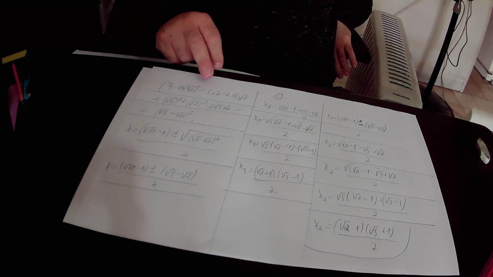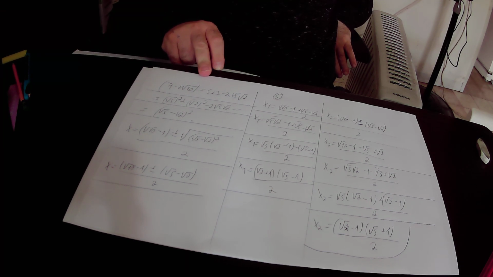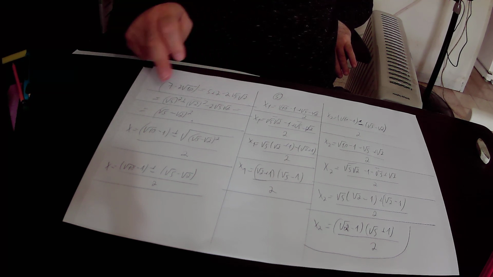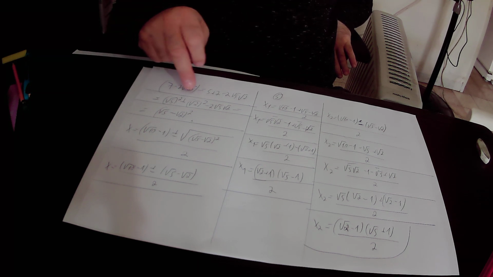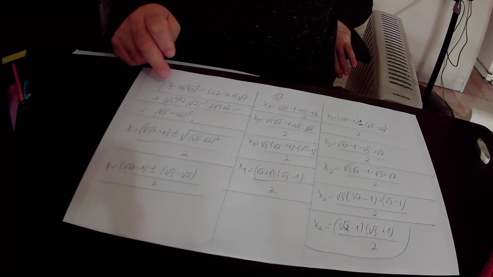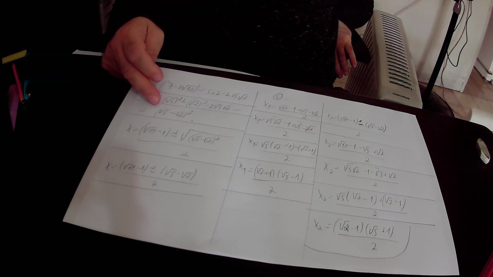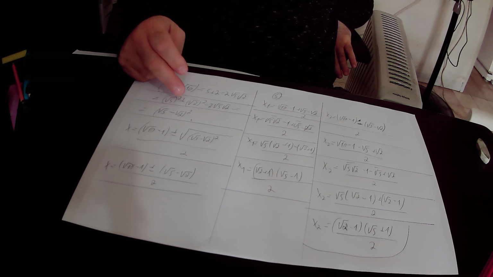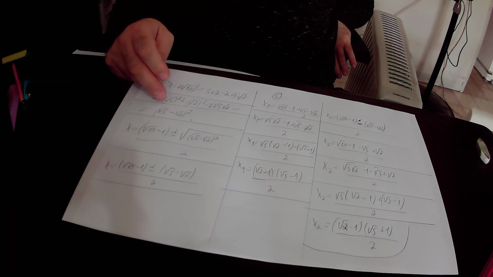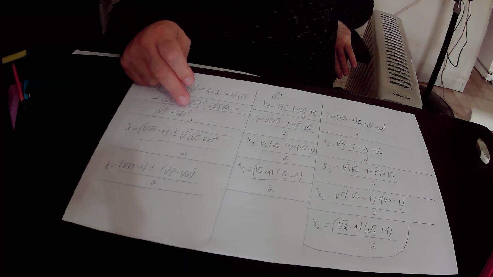This expression is very similar to the algebraic identity that states that a squared plus b squared minus 2ab equals (a minus b) squared. It means that we can substitute this expression by (a minus b) squared when a equals square root of 5 and b equals square root of 2, so (a minus b) squared will be equal to (square root of 5 minus square root of 2) squared.